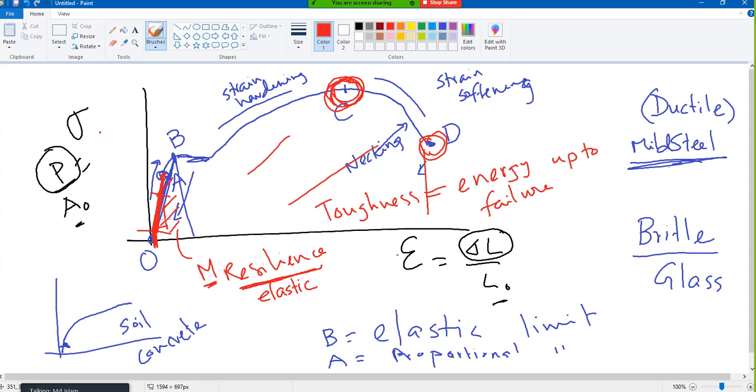Do not say slope until the elastic limit, because then your curve will bend slightly this way and the slope will be less. So it is the initial slope, or the slope in the elastic proportional range, called modulus of elasticity. We also call it Young's modulus.